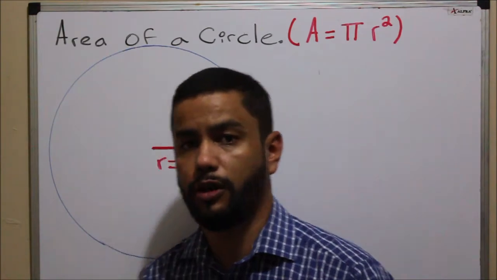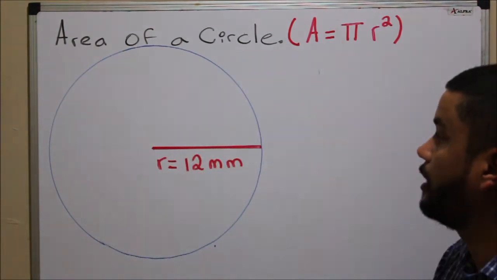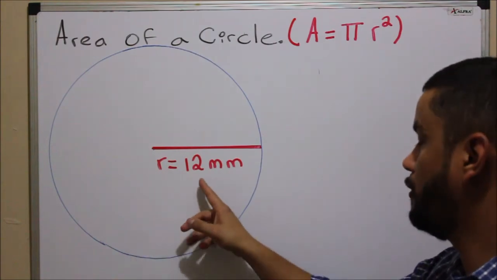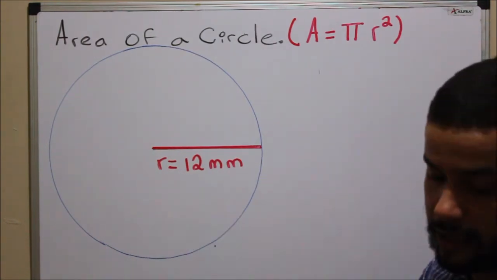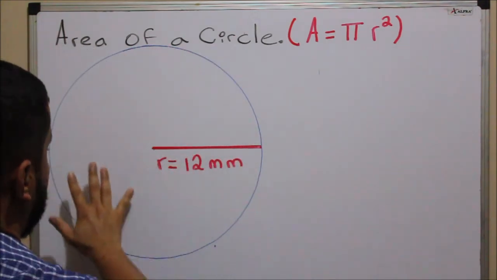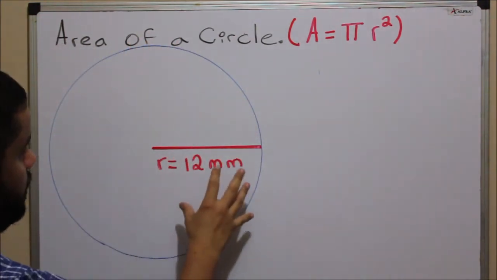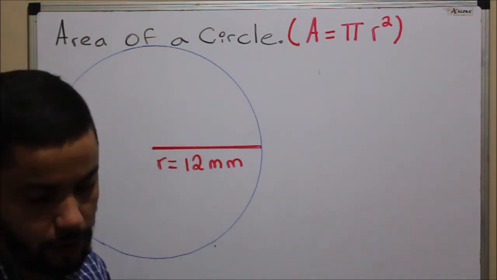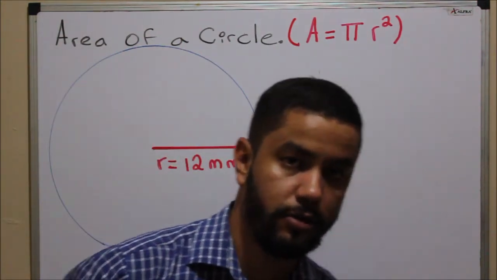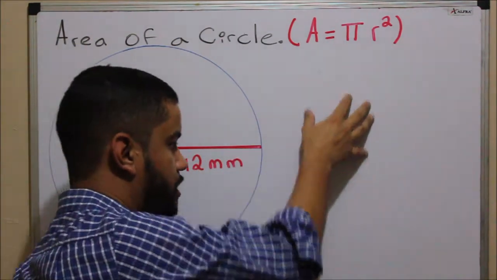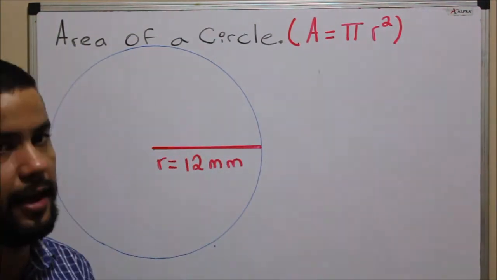Okay, we're going to solve that example. We have a circle with a radius of 12 millimeters, and we need to find its area. The area is all the space inside the circle. So which formula are we going to use? We already have it here, so we're going to start writing it to find the area.